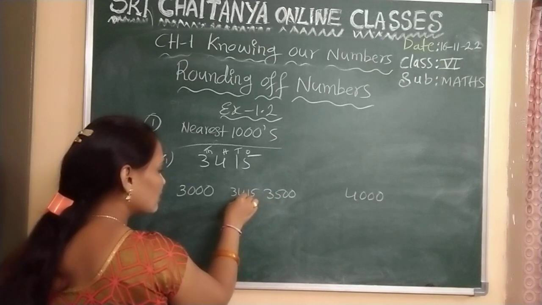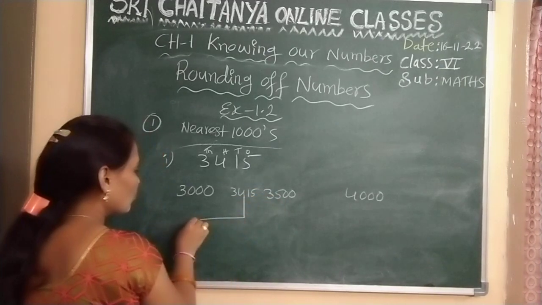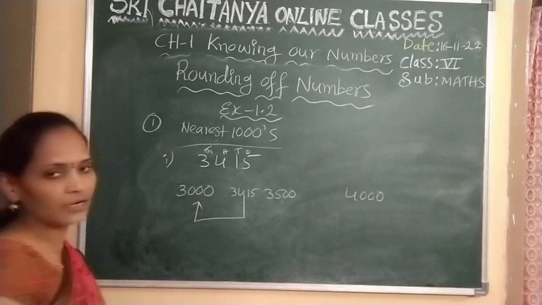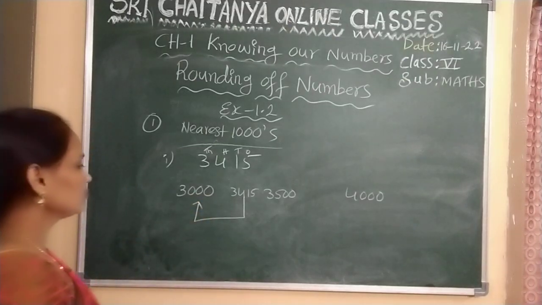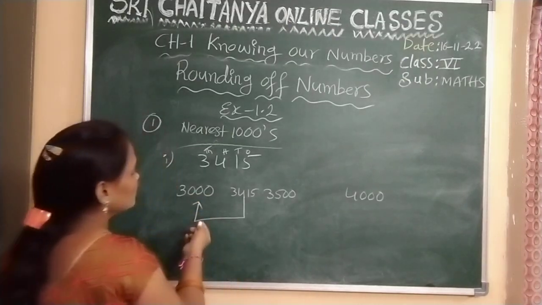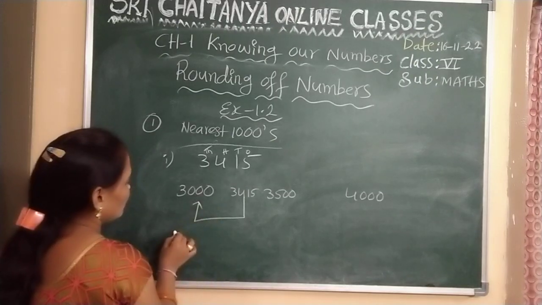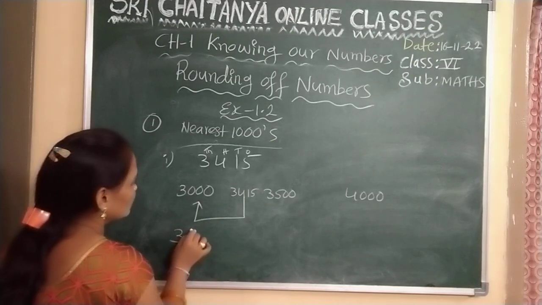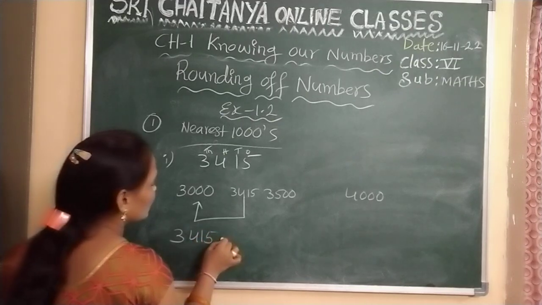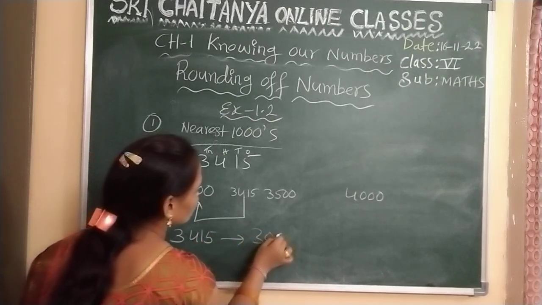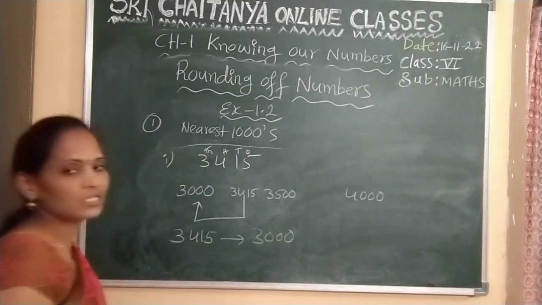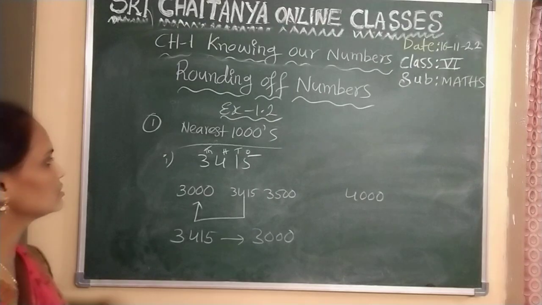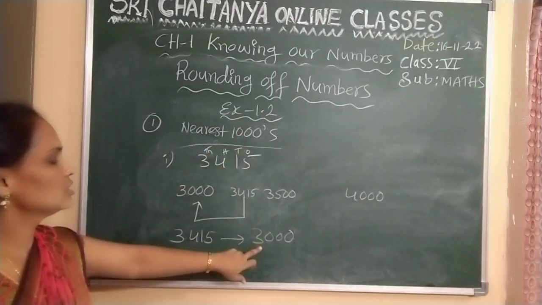Whenever it is less, it will go to the preceding number. So the rounding of 3,415 to its nearest thousands is 3,000.